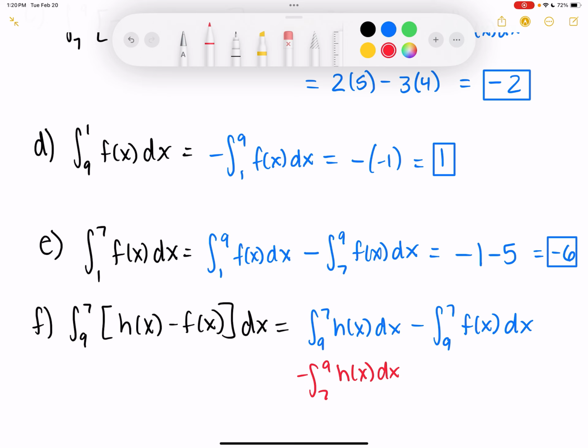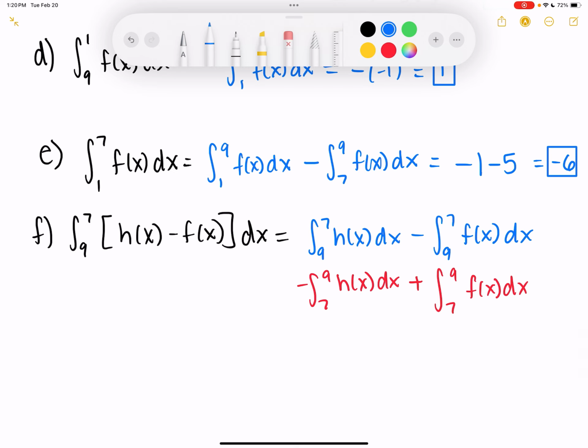It becomes a positive, so plus the integral from 7 to 9 of f of x dx. Which then is negative 4 plus 5, which is just 1.